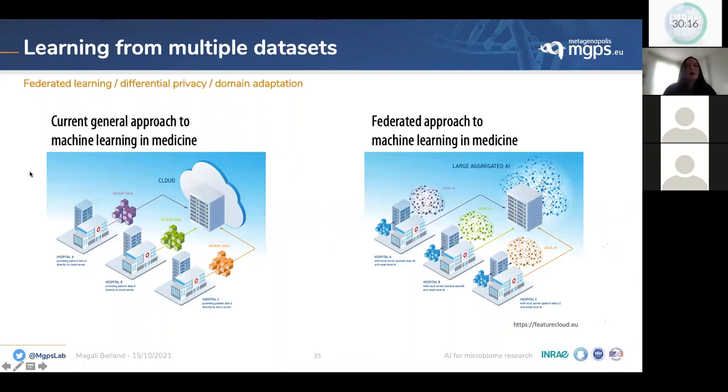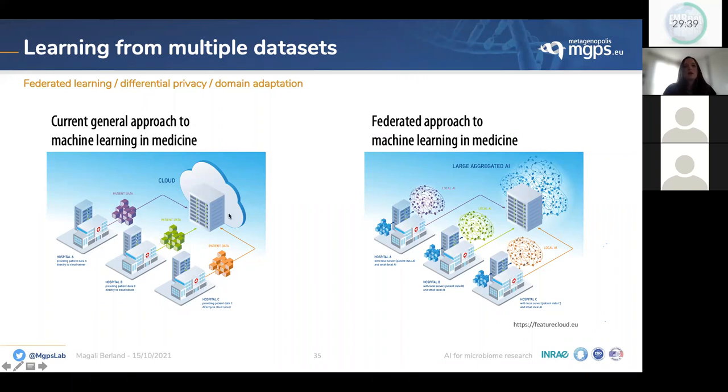Currently, the general approach is to gather different data sets from different places, different hospitals, and to gather everything at a single place, and to perform a machine learning or deep learning algorithm on it, and provide a model. But for a lot of reasons, this approach is not optimal. It's not optimal because patient data are usually sensitive data, and the hospitals do not want to share or do not have the right to share the data.